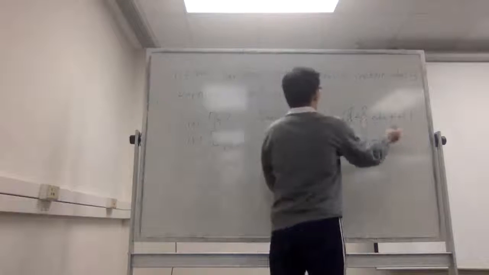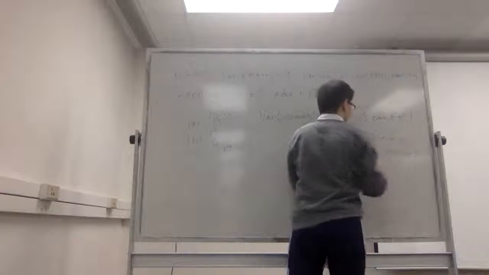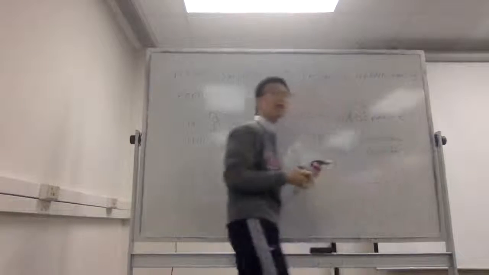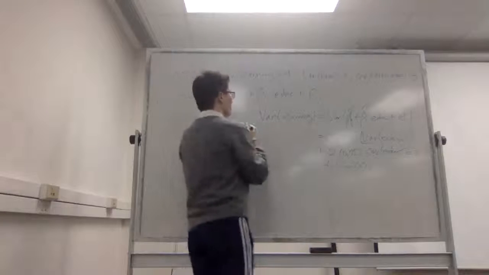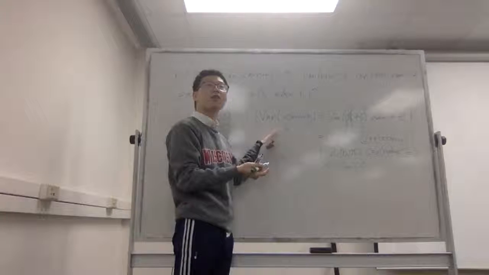And the variance of education is 4, so you can plug in the number 4 right here, and then you can plug in the number 9 right here.